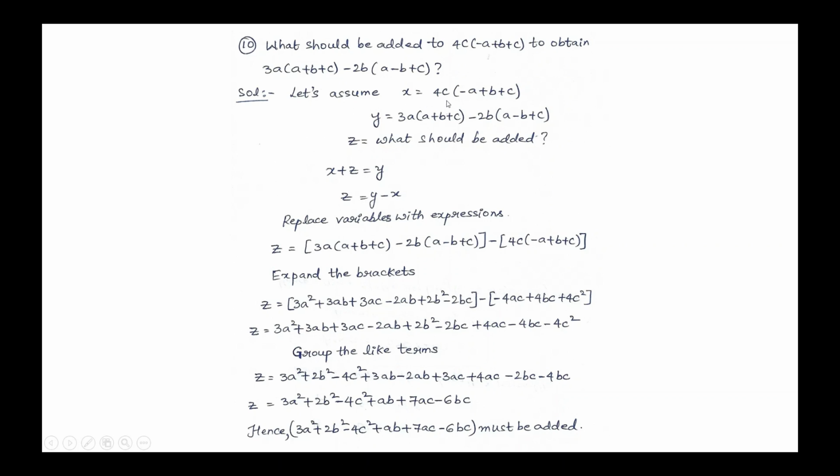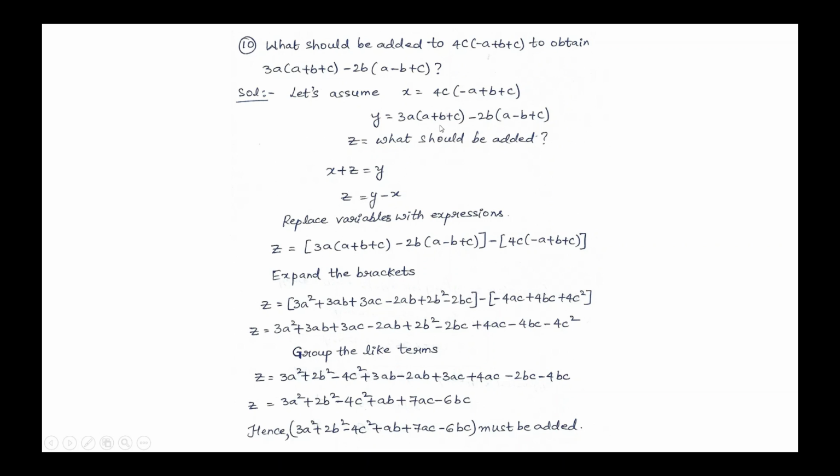So x is equal to 4c into (minus a plus b plus c). y is equal to 3a into (a plus b plus c) minus 2b into (a minus b plus c). z is equal to what should be added. We need to add z to x to obtain y, which is x plus z is equal to y. z is equal to y minus x. Let's replace the variables with the given expressions.